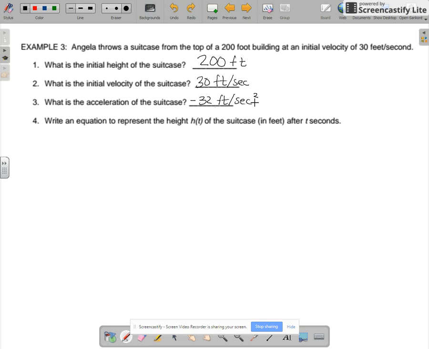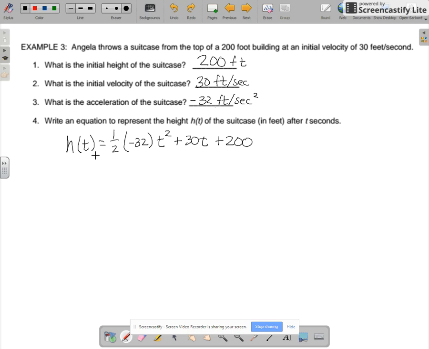So then question number 4 wants us to write an equation to represent the height h of t of the suitcase in feet after t seconds. So we have h of t is equal to, again, we always have 1/2 times our a value of negative 32 t squared plus our initial velocity of 30t, plus our initial height of 200.